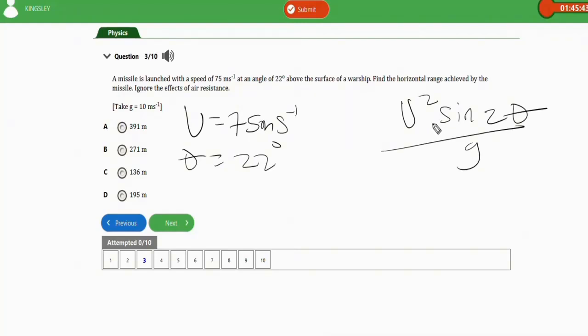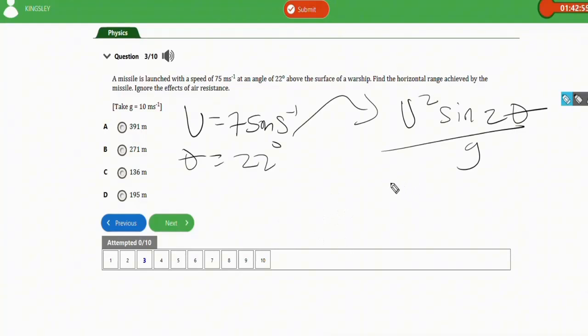So it's necessary that you know these formulas. You need to know them the way you know your basic alphabets or numbers. Alright, so having known that, let's substitute these values in this formula for finding range of projection.